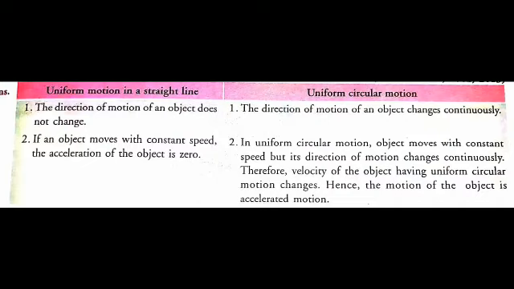Second point of difference is, in case of uniform motion in a straight line, if an object moves with constant speed, the acceleration of the object is 0, whereas in uniform circular motion, the object moves with constant speed but its direction of motion changes continuously. Therefore, velocity of the object having uniform circular motion changes. Hence, the motion of the object is accelerated motion.